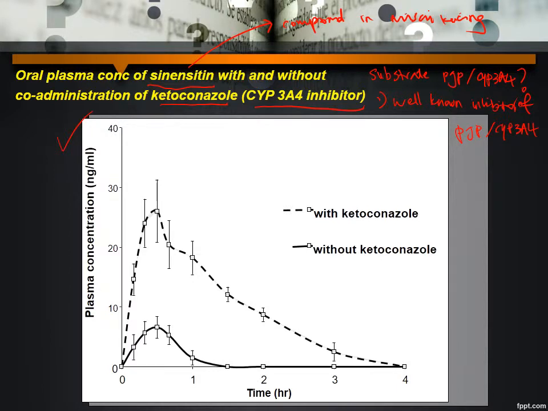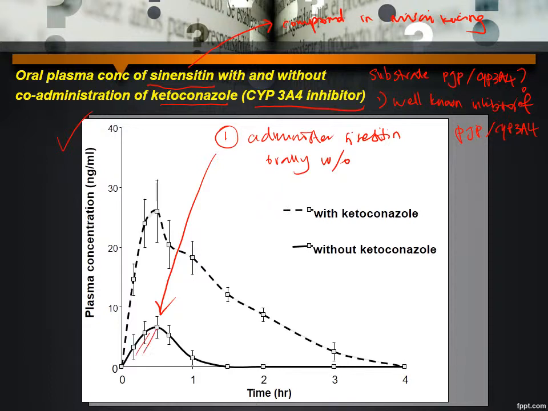So how do we go about this? First, in the first phase, you administer sinecytin orally without ketoconazole, and you will have this curve.